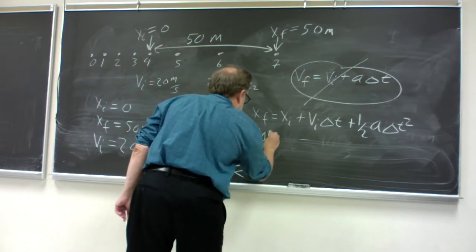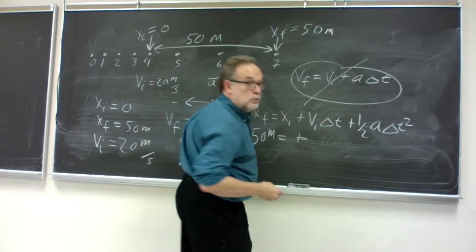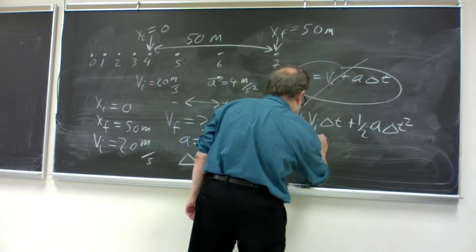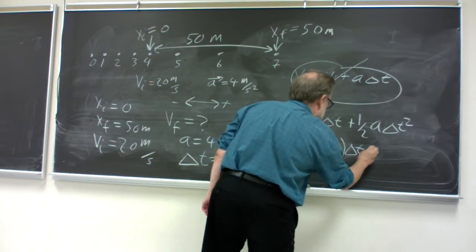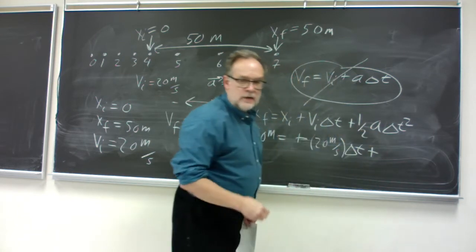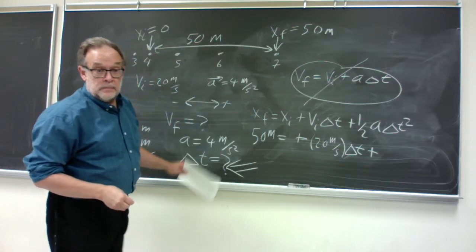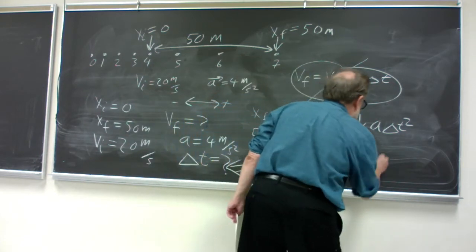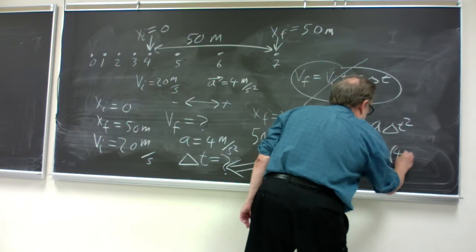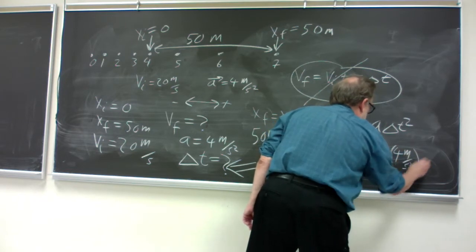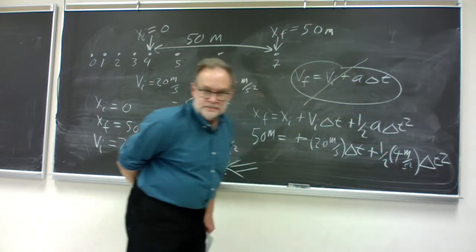So 50 meters equals 0 plus v initial, that was 20 meters per second times delta t, plus 1/2 times acceleration, which was 4 meters per second squared, times delta t squared.